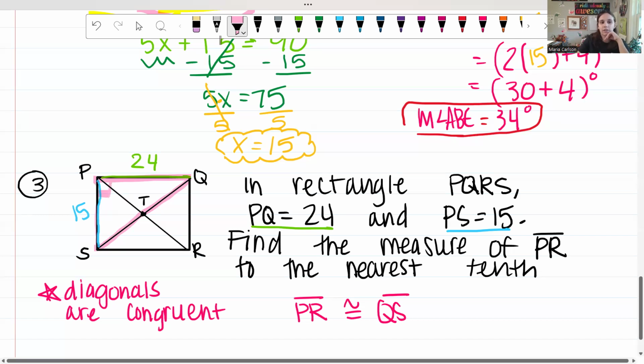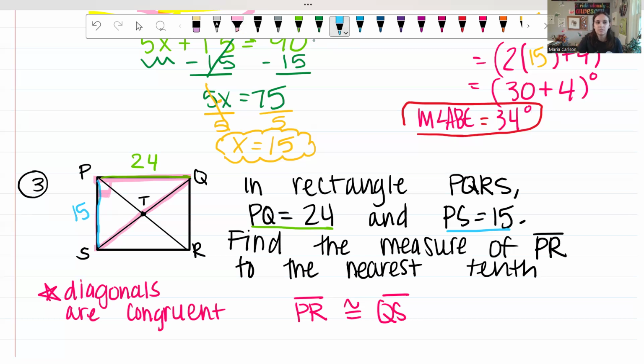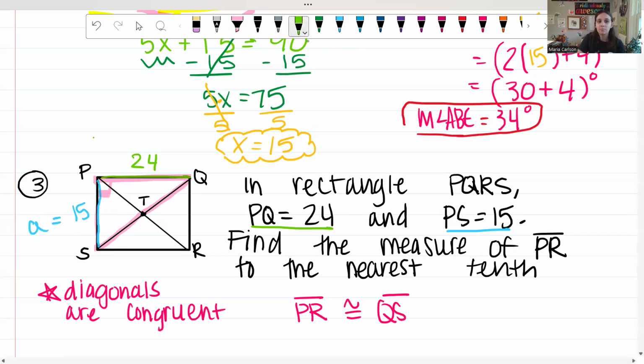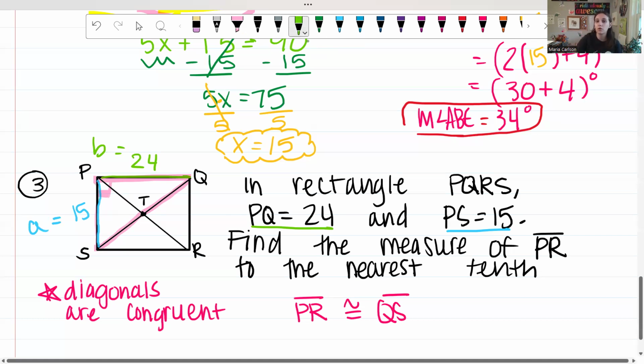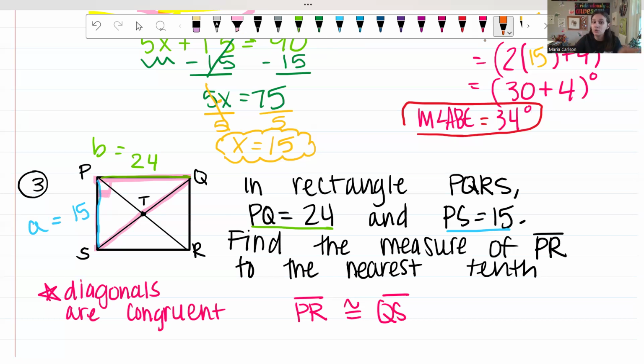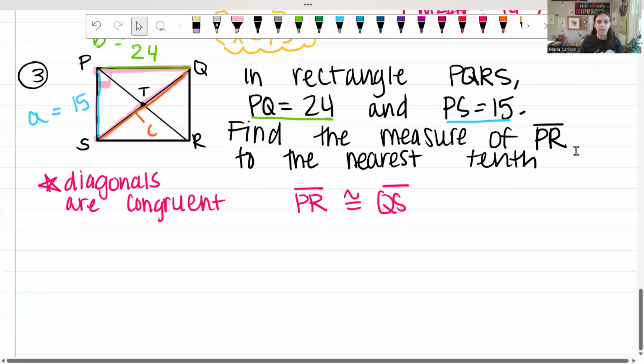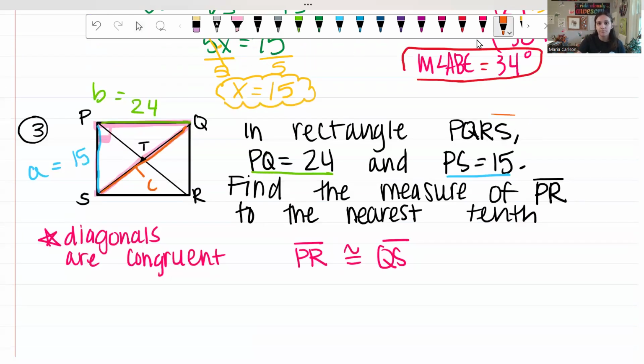This is a right triangle with one leg A, which is 15, and another leg B, which is 24. Our goal is to find the measure of the diagonal. If I find this length C, QS, then I also will know the length of PR, the other diagonal. So really all I have to use here is the Pythagorean theorem.